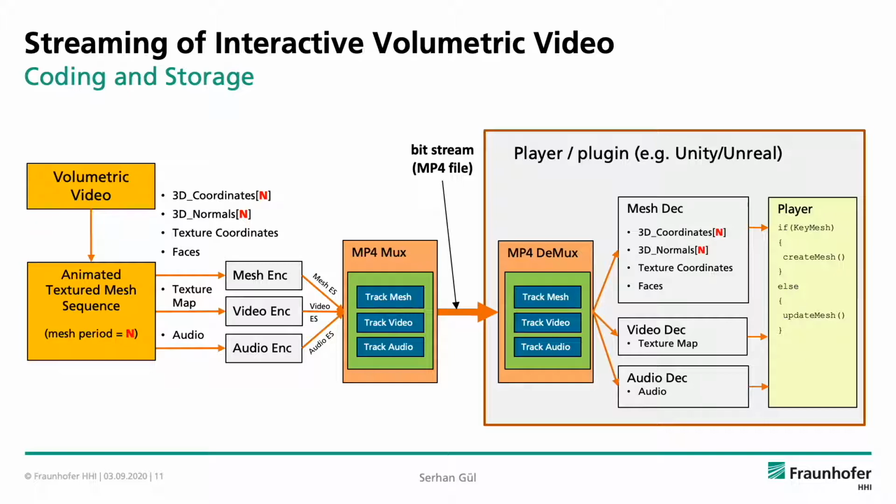For mesh, 3D coordinates and associated 3D normal vectors change at each time instance, while the texture coordinates and faces remain unchanged due to the temporal stability. So at this point we have the content ready as a bit stream in the MP4 file. This could be stored anywhere, ready for playing.